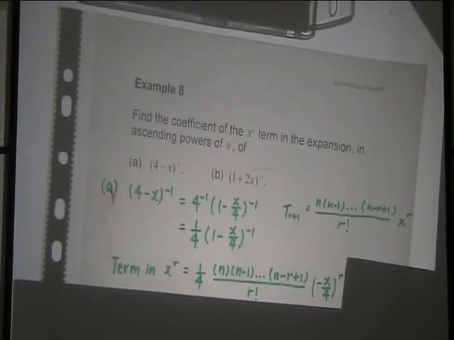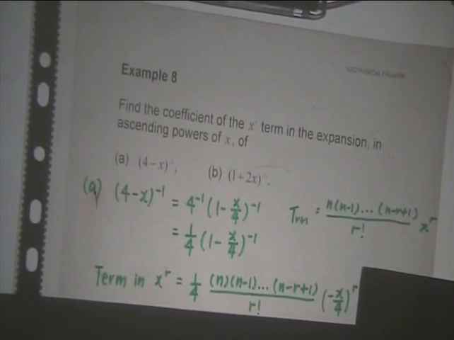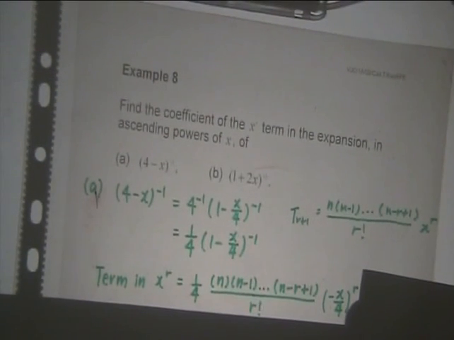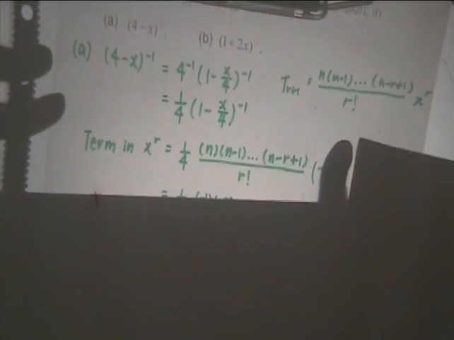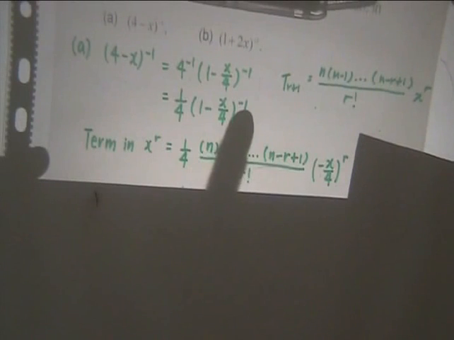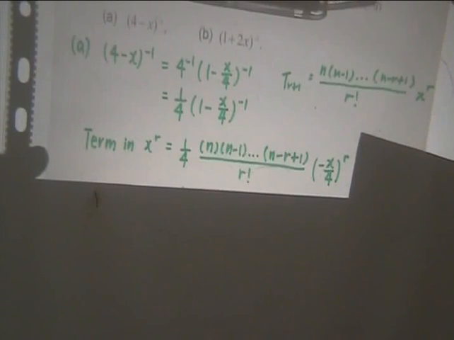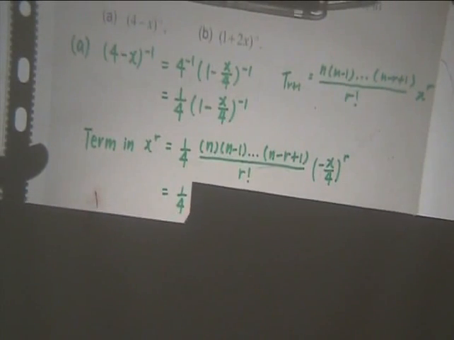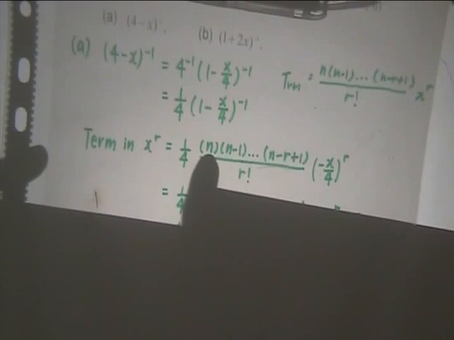Now we want the term in x to the power of r, so we just need to simplify this expression. In this case, our n is equal to minus 1. So here we will have 1/4, then n is minus 1, minus 2, all the way till minus 1 minus r plus 1.